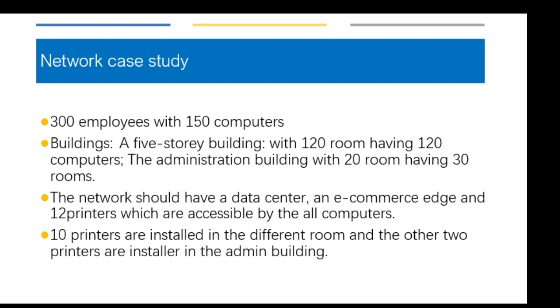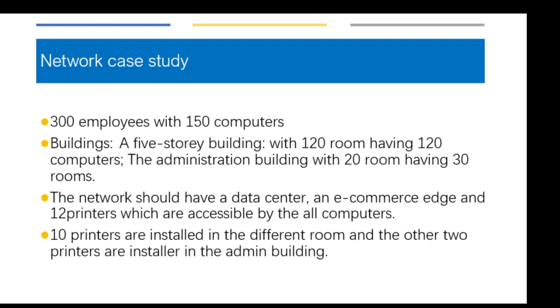Assume Barrett Technology Park in Highland, Australia owns 300 employees and a network consisting of 150 computers. A 5-story office building comprising 120 rooms, a single story administration building with 20 rooms.